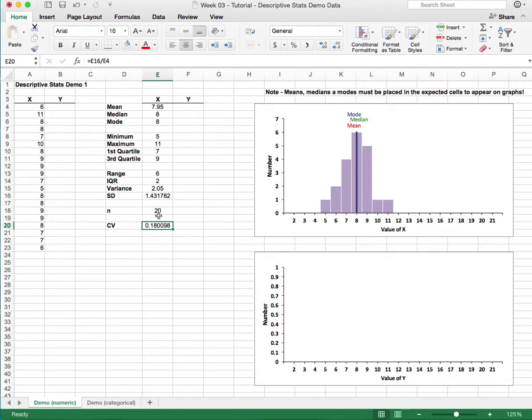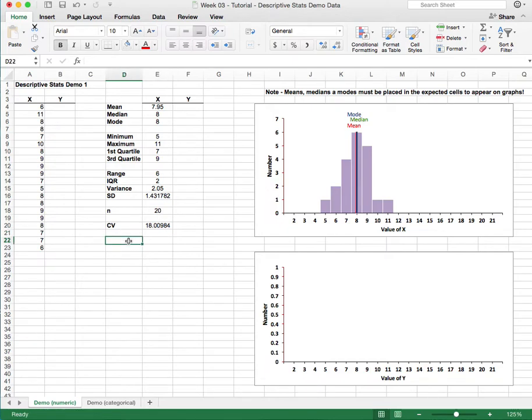Usually coefficient of variation, though, is represented as a percentage. So I'm going to go ahead and put parentheses in here and multiply this by 100 so that we have it in its more common form. So we've got an 18% coefficient of variation here. And because this is standard deviation divided by the mean, essentially what we're doing is scaling the mean. All right, so we've got our coefficient of variation.